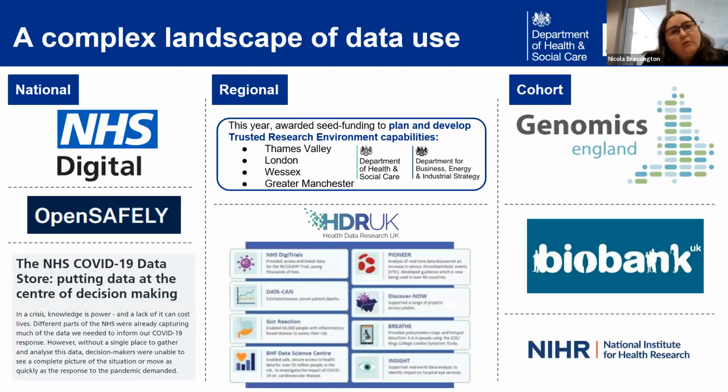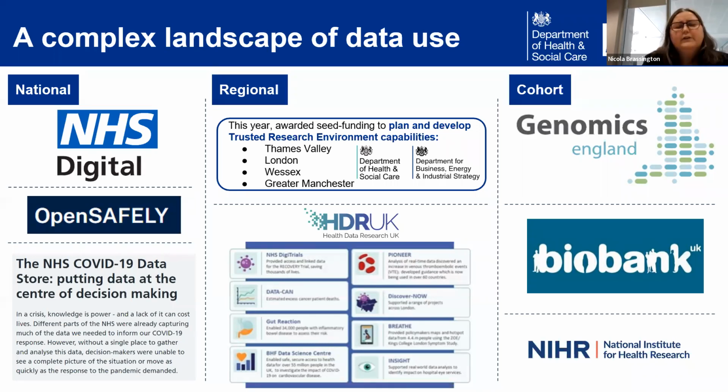So I won't talk too much to this slide, but one of the things I just wanted to mention is where we are at the moment. There are already quite a few trusted research environments that have been stood up. And as you can see, we've got some national environments. We also have regional environments already set up, and then we have cohorts as well, things like Genomics England and Biobank.